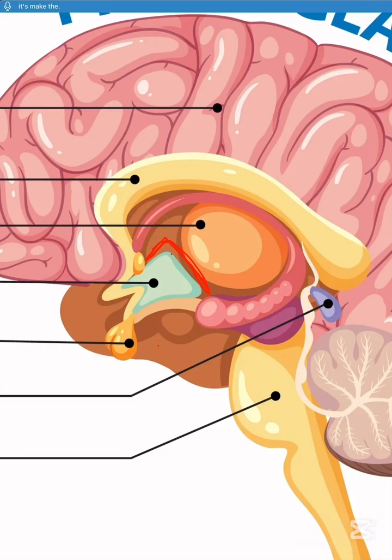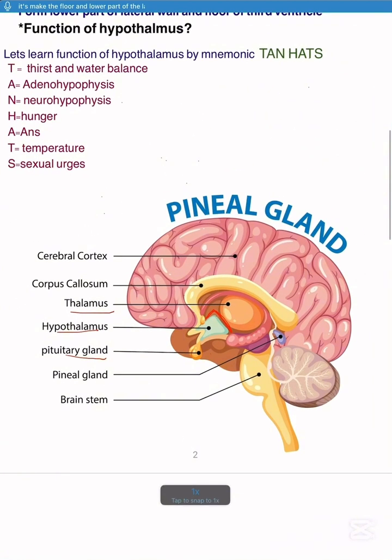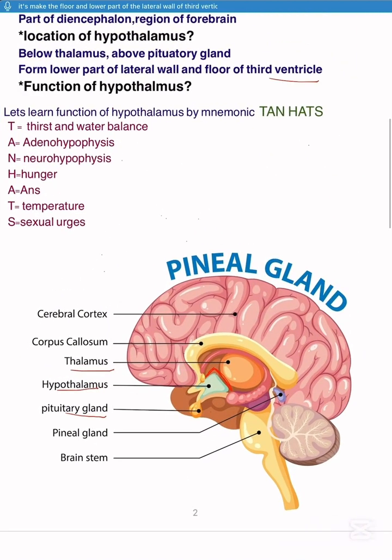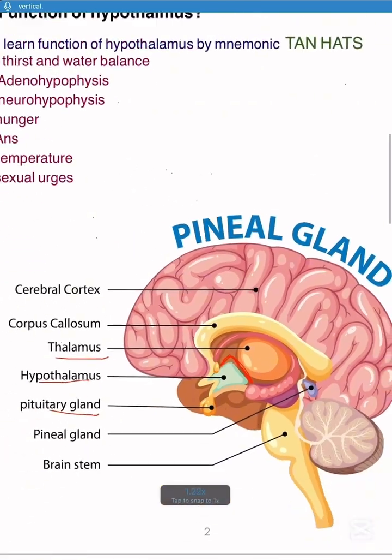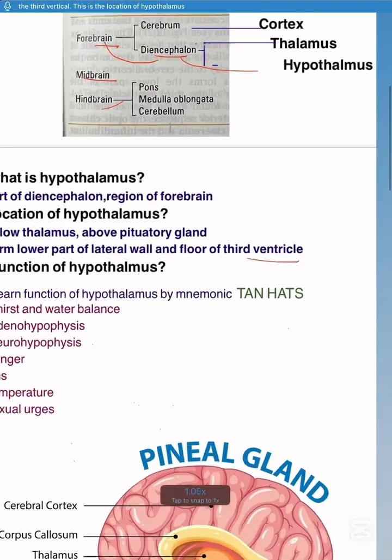So if someone asks what is the location of the hypothalamus, we say it's below the thalamus and above the pituitary gland. If someone asks with respect to the third ventricle, we say it makes the floor and the lower part of the lateral wall of the third ventricle. This is the location of the hypothalamus.